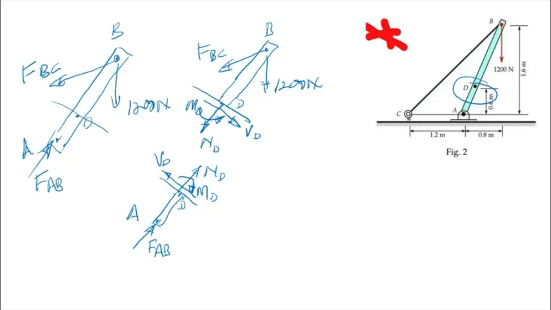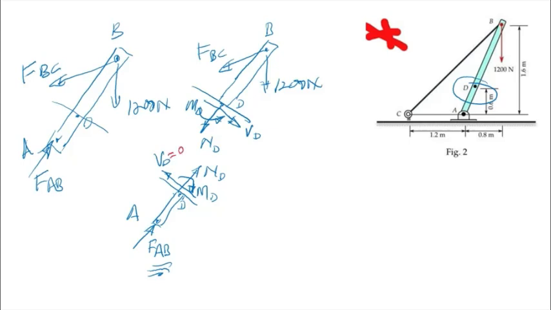Now from these two diagrams, we can see that the simpler one will be taking from A, because you only have FAB. And from this diagram, you can find quickly that VD is equal to 0.